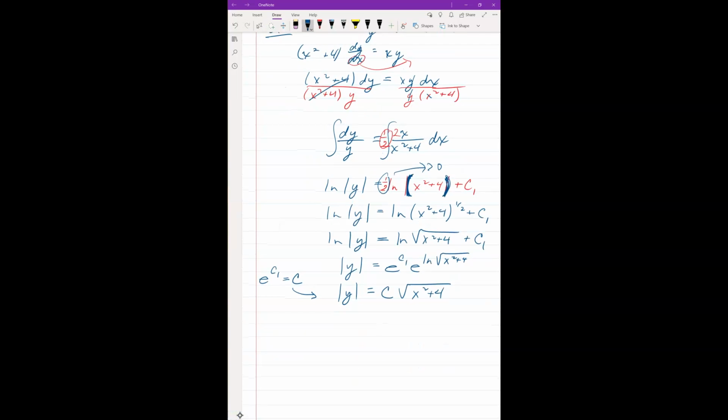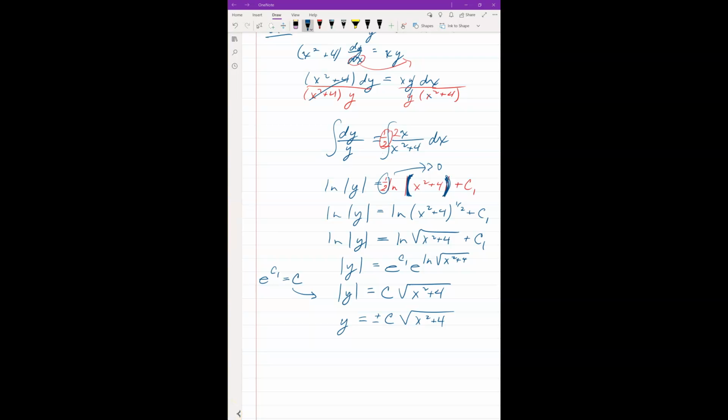Now our final step here is to realize that the absolute value of y is equal to c times the square root. But we really want a solution for y. Because y could be positive or negative to equal this quantity, we're going to say that y is equal to plus or minus c times the square root of x squared plus 4.